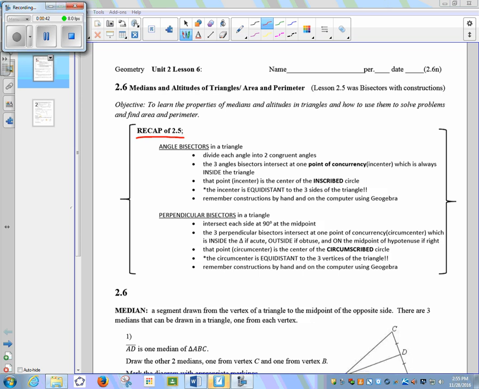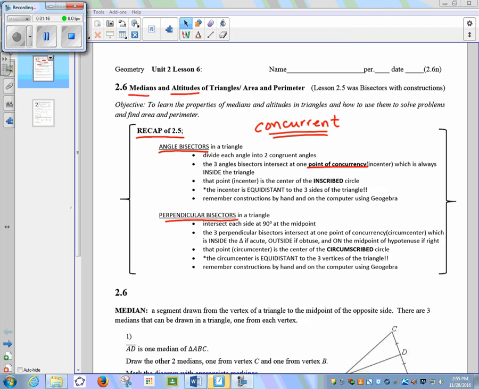The reason I have a recap here is because medians, altitudes, angle bisectors, and perpendicular bisectors all have one thing in common: when you draw the three medians, altitudes, angle bisectors, or perpendicular bisectors in a triangle, they all come together at one point. So all four of these things are concurrent. Medians are concurrent with each other, altitudes are concurrent with each other, etc.